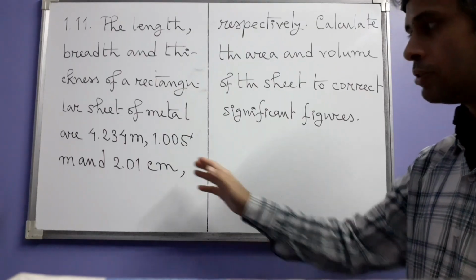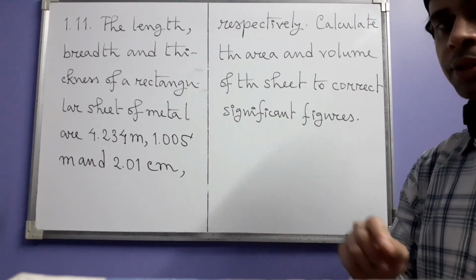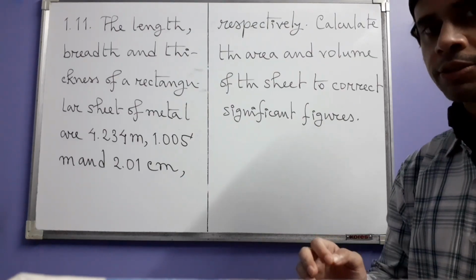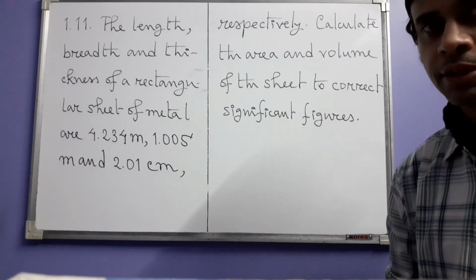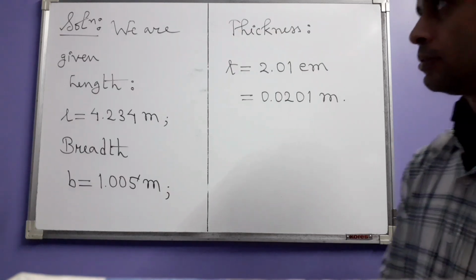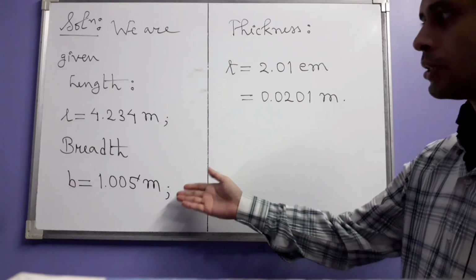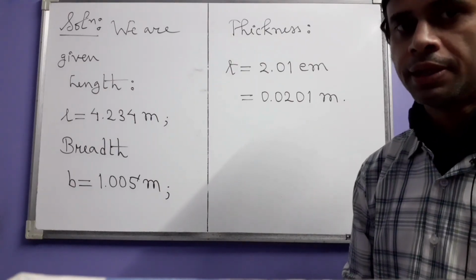Not just simply we have to calculate mathematically the area and volume, but we have to keep in mind that the final answers should have the correct number of significant figures. So let's see how this can be done. In the solution, we first write the things down that are given to us and we name them.